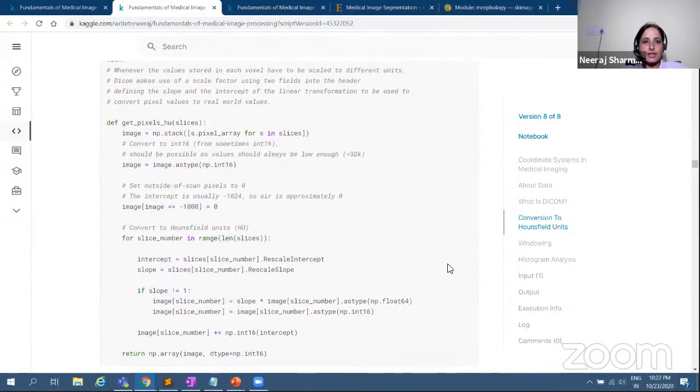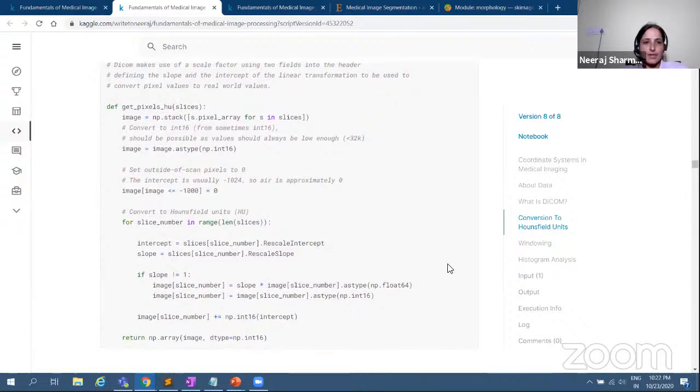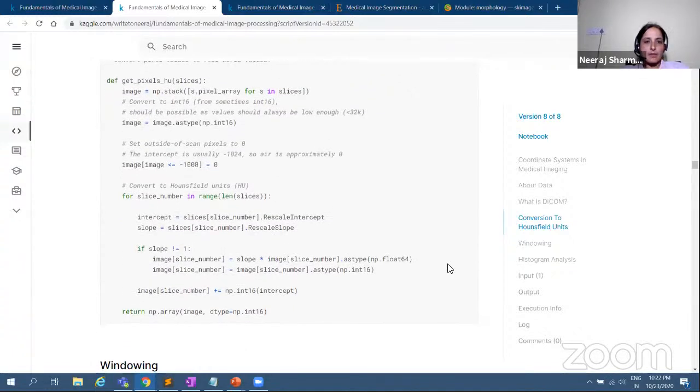So this is the first step of DICOM processing. We have discussed multiple things, but this is the very first step which we are going to do. This is the conversion to HU. We discussed that this is a linear transformation.